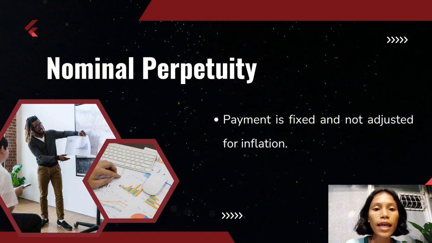So for example, again, you're a college student and you have your own income every year, let's say $100.